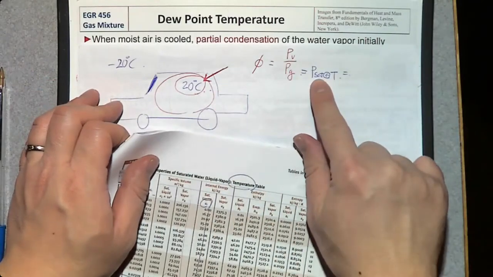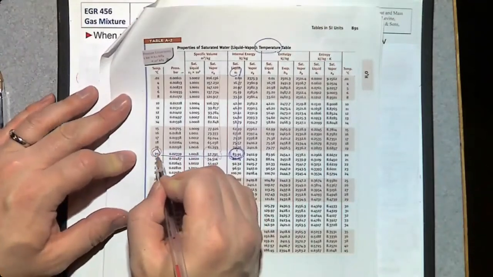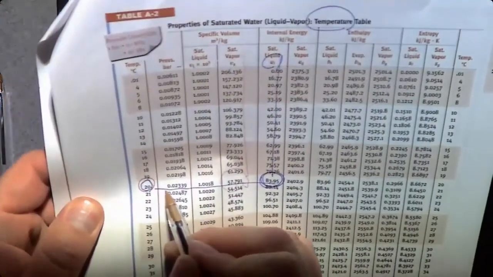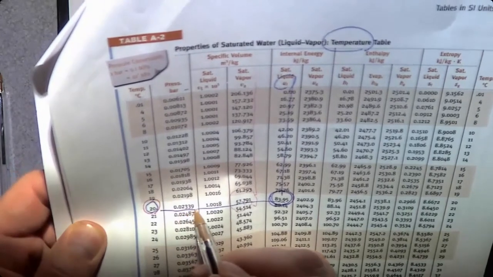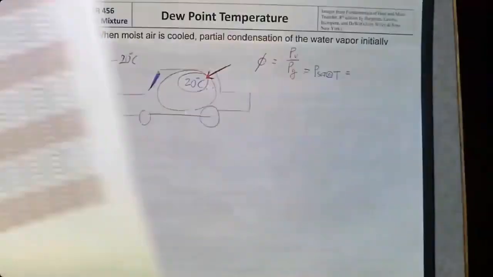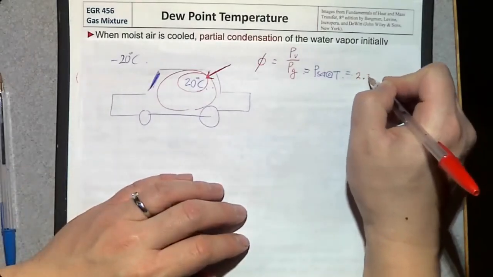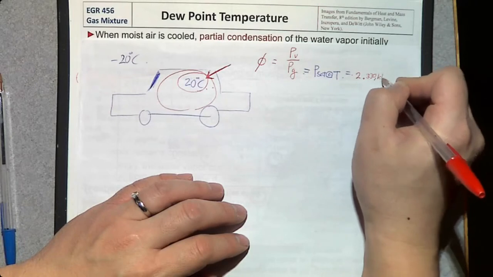So let's find P sat at 20. There's a 20 degrees Celsius here. P sat is going to be 0.02339. However, this pressure is in bar. So in kilopascal, this one is 2.339 kilopascal.